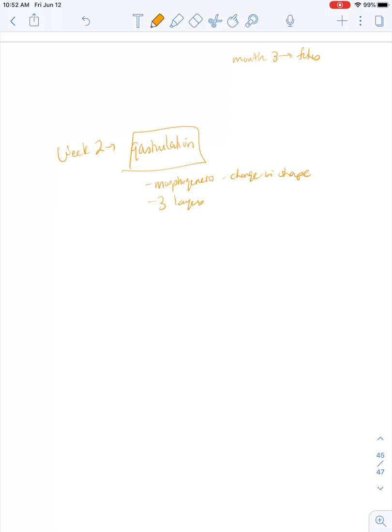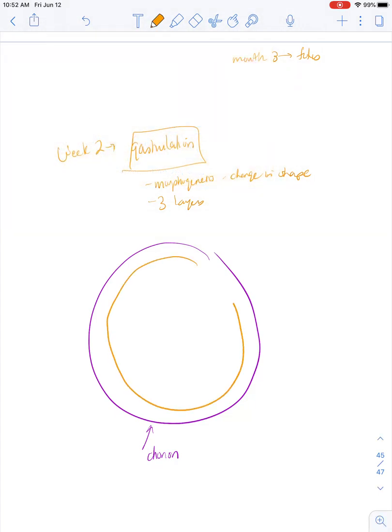So imagine, I'm going to draw this out again. There's going to be an outer layer. The outer layer of the baby is called the chorion. And then we're going to start to see the development of an inner layer. That's going to be the amnion.